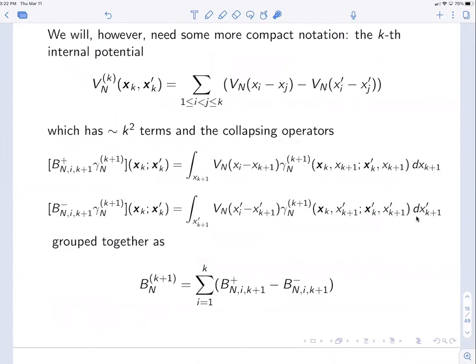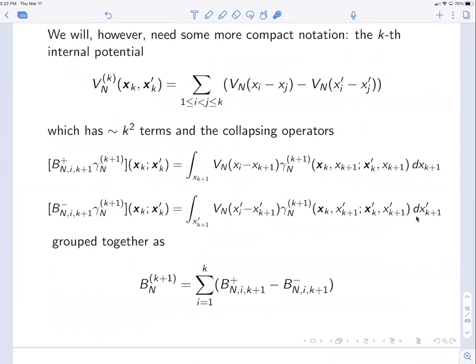And that will be where you take Vn xi minus xk plus 1, multiply by the k plus 1 density, xk plus 1 prime is set equal to xk plus 1, and then we integrate in xk plus 1. And then there's an analogous one for the second half, in which there's a prime here, and a prime here.